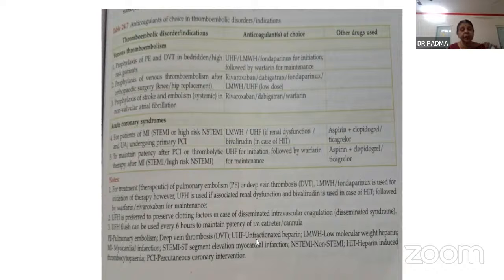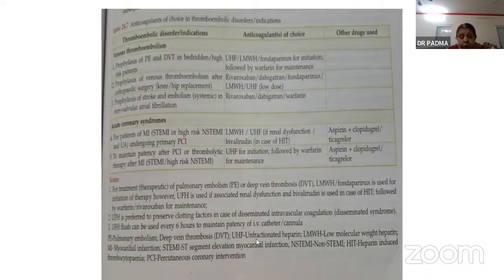In acute coronary syndrome, where the event has already taken place, if there is no renal dysfunction, then we use these drugs. And in case of HIT, bivalirudin, and later on aspirin, clopidogrel previously, but now we are using prasugrel, but we have to watch for bleeding. For maintaining patency after PCI, we still use unfractionated heparin, followed by warfarin for maintenance. Why? This is one of the favorite questions we ask.